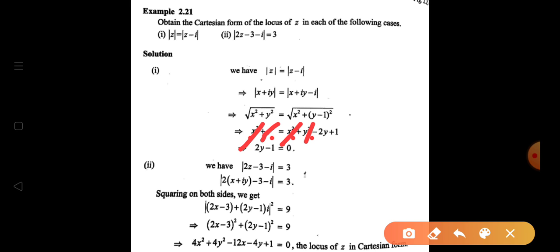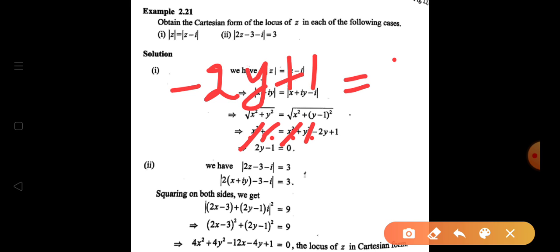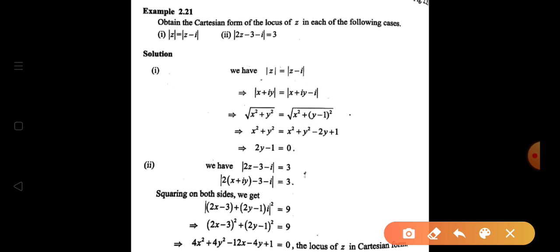So minus 2y plus 1 equal to 0. Multiplying this by minus 1, we get 2y minus 1 equal to 0. This is the locus of Z in the first case. Do you understand? Very good.